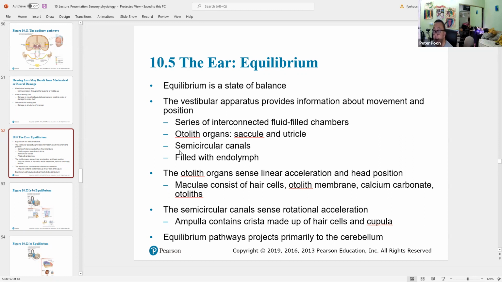The ones responsible for rotational equilibrium are the semicircular canals. The otolith organs sense linear acceleration and head position, so static equilibrium. The semicircular canals sense rotational equilibrium.